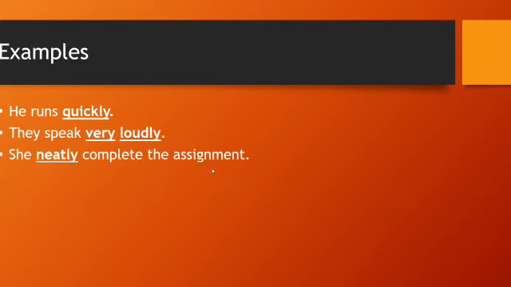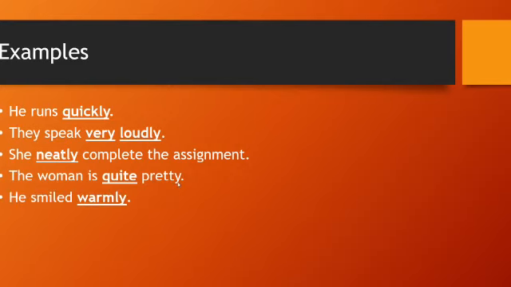She neatly completed the assignment. Here our adverb is describing the verb. Neatly. उसने अपना assignment मुकम्मल की. Neatly यानी बहुत सफाई से. The woman is quite pretty. Pretty is an adjective. So here our adverb quite is describing the adjective pretty. He smiled warmly.